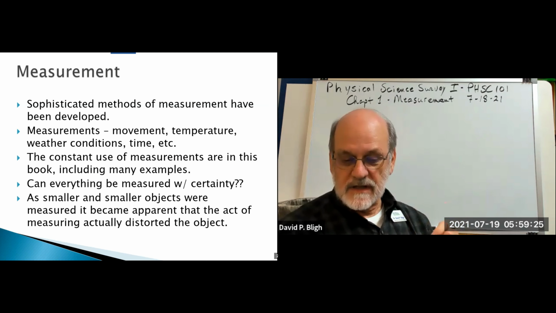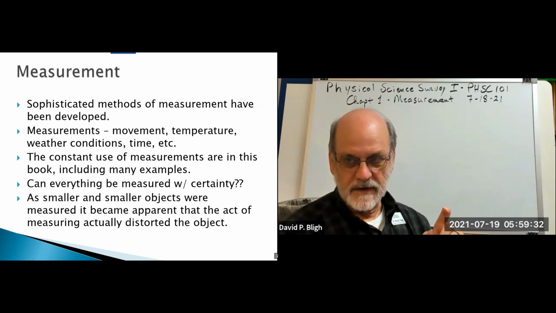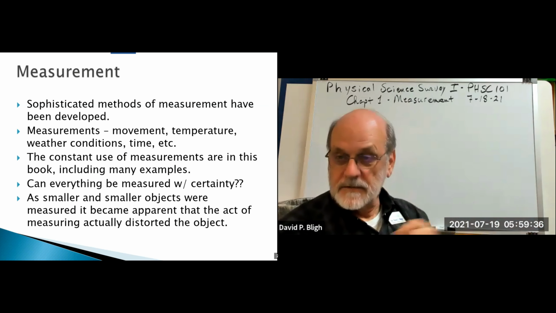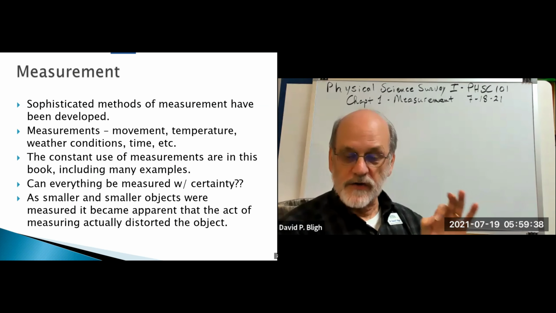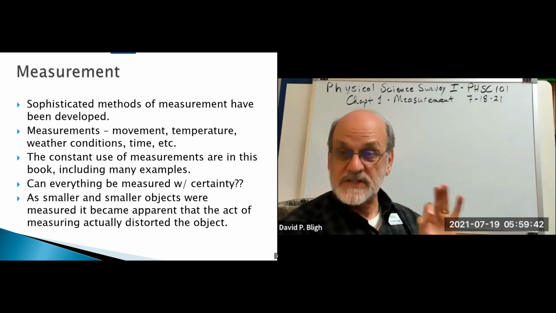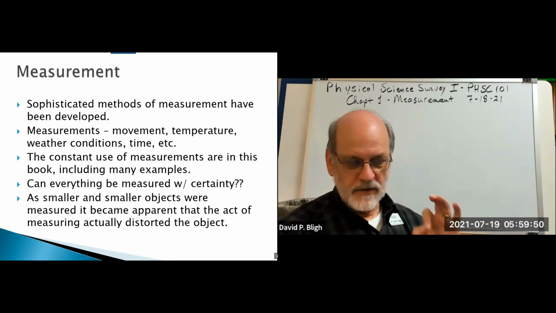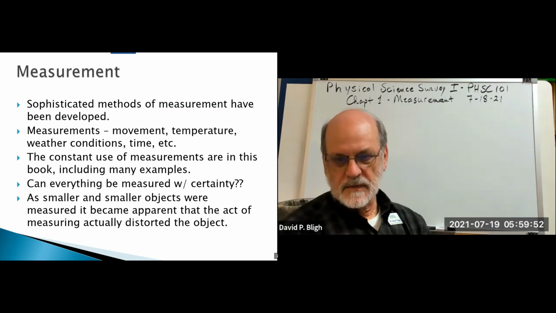The uncertainties that give us problems are those that cannot be identified. Those are called random errors. The first type, where you know the cause of the potential error, those are systematic errors. And those are fairly easily identified and compensated for in measurement. But the random errors are not.